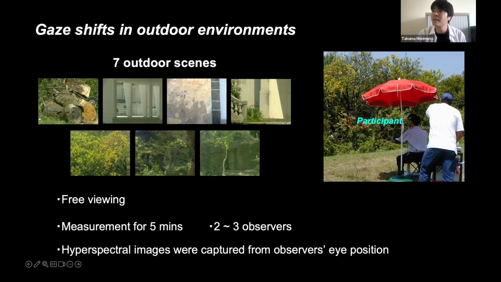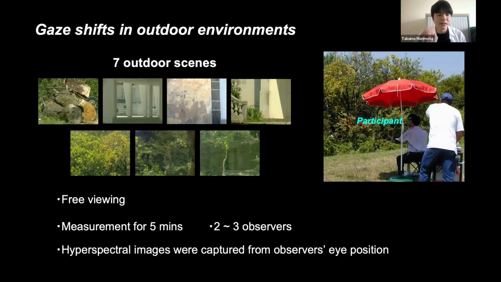Calibration of gaze points. Observers were basically instructed to look at a certain part of the scene for 5 minutes. And 2 or 3 observers participated in each scene. After eye movements were recorded, hyperspectral images were taken from exactly the observer's eye position.